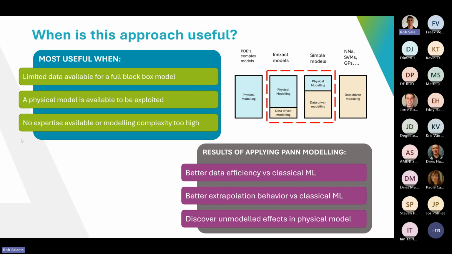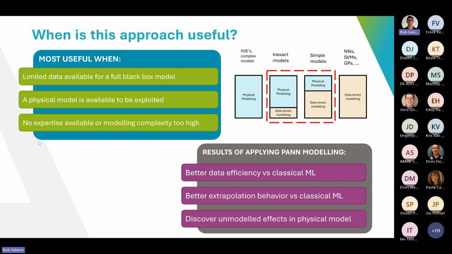So when could you use this kind of approach? Well, when there's limited data available for a full black-box model, because in the end it will have a lot more parameters. If you do have a physical model available to exploit, so let's say 50% of the model is actually physical equations, the other half will be captured by the neural network you put in there.